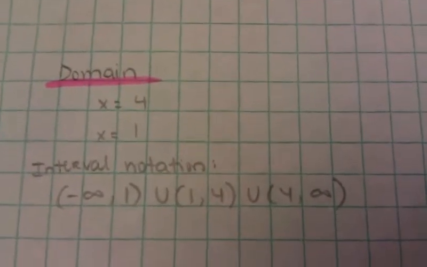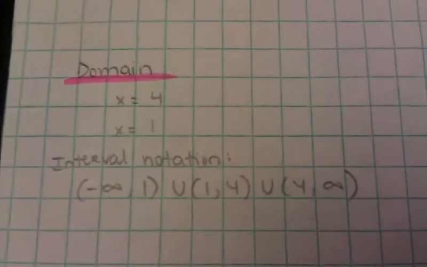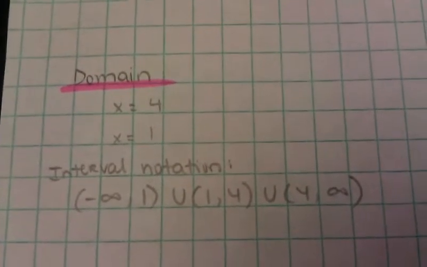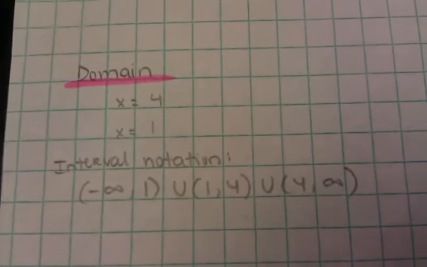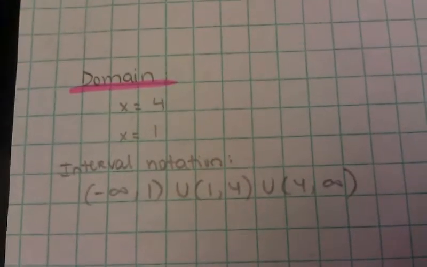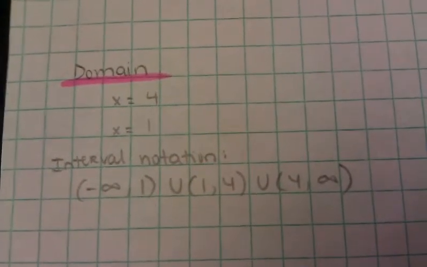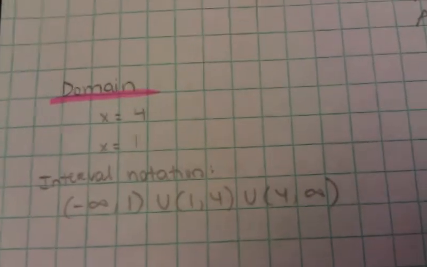But there are no holes, so we only use the vertical asymptotes, which are x equals 4 and x equals 1. To write the interval notation, we will put negative infinity to 1, union 1 to 4, union 4 to positive infinity.